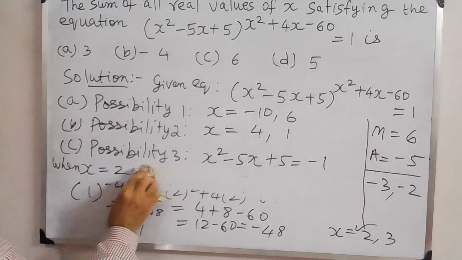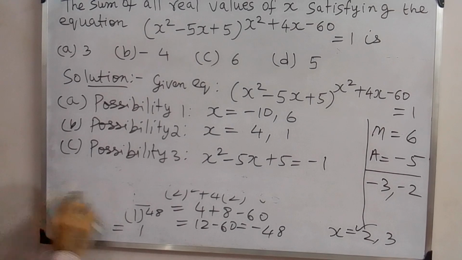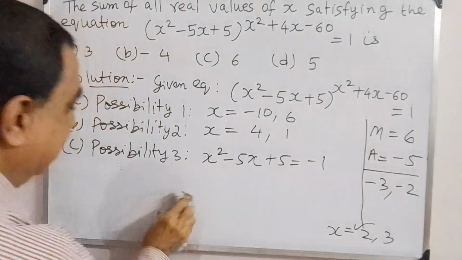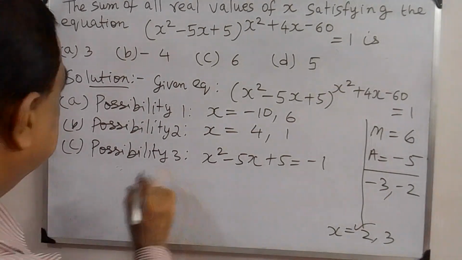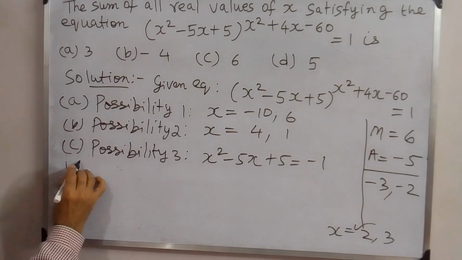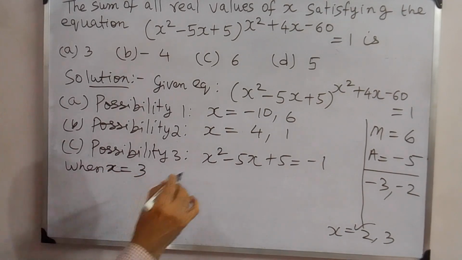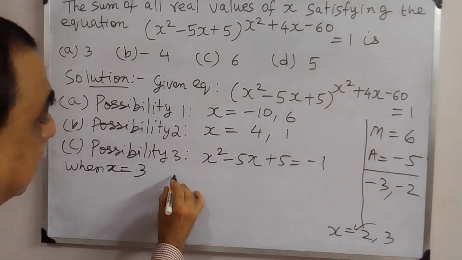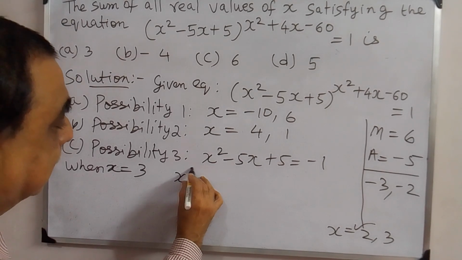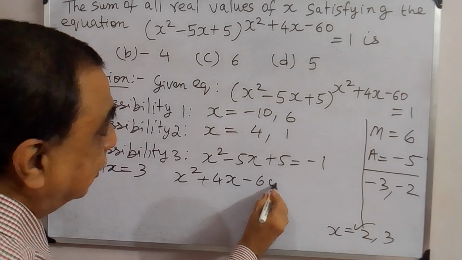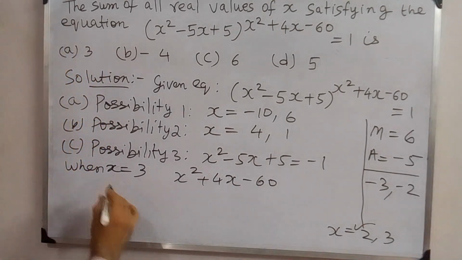Now we will check for x equals 3. What power are we getting, an odd number or an even number? When x equals 3, the power is x squared plus 4x minus 60. Now for x you put 3.